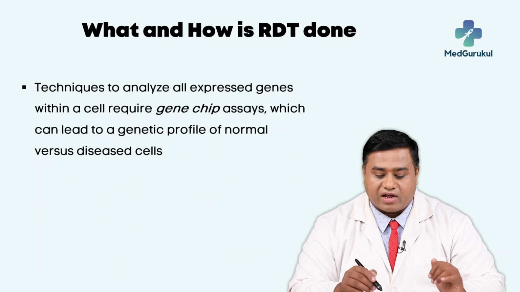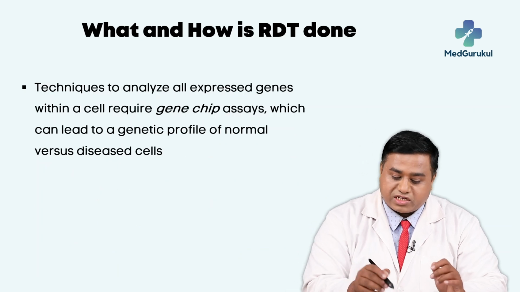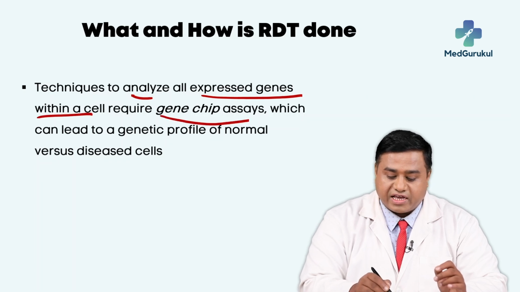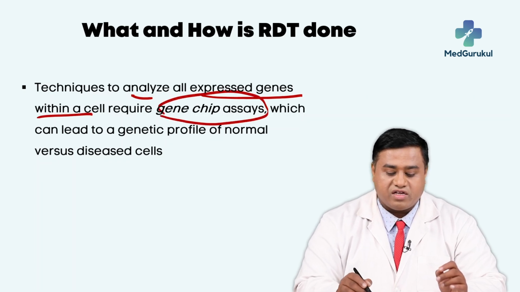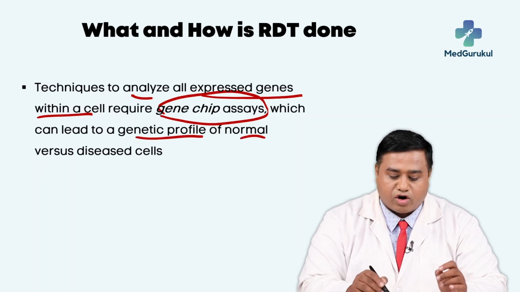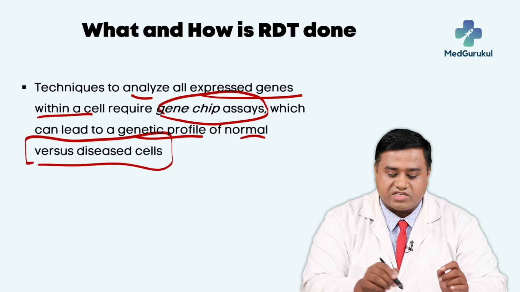With the help of RDT, we will be able to analyze all the expressed genes in a cell using an assay called gene chip, which can lead to the profiling of a normal versus diseased cell.